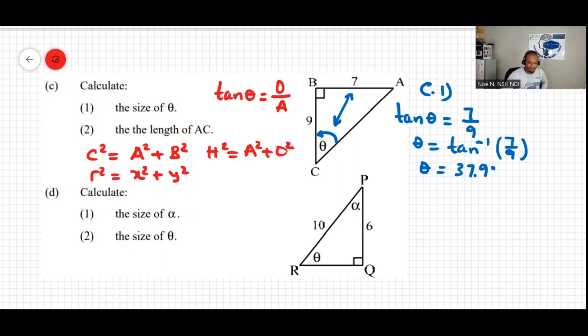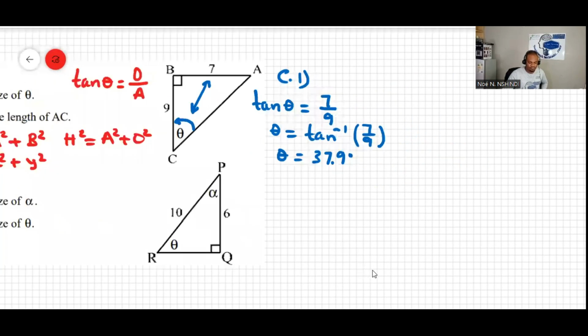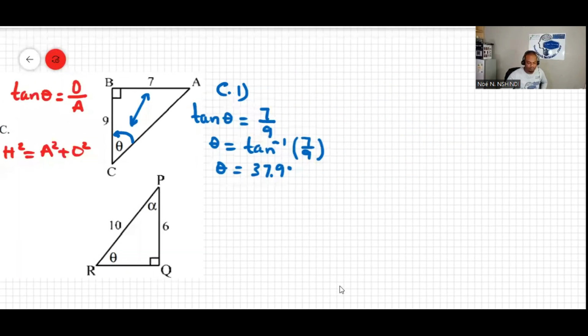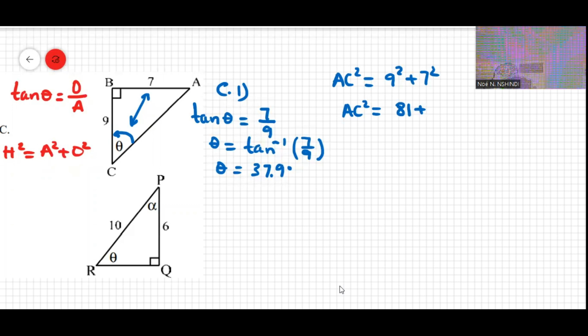So we can say AC squared will be equal to 9 squared plus 7 squared. So that means AC squared equals 9 squared is 81, and then 7 squared is 49, and now AC squared will be equal to 130.